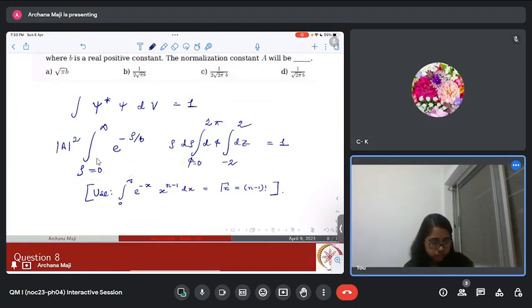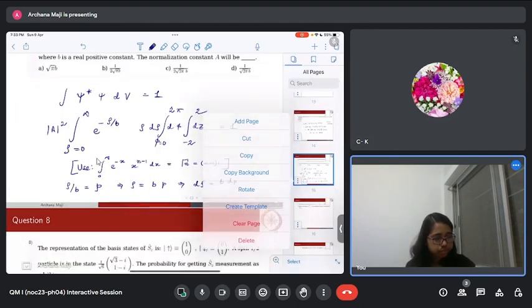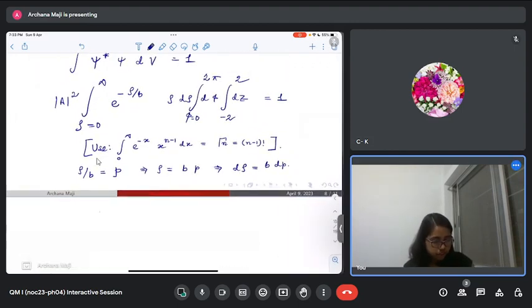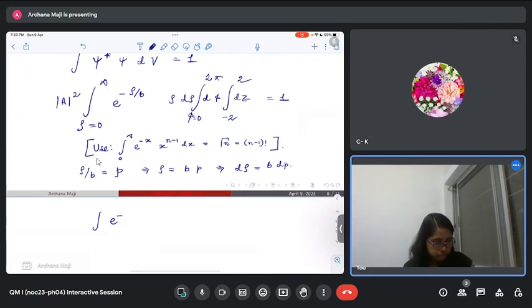So you are considering, as I said, rho over b to be some other variable p. So that implies rho equals b times p, or d rho is equal to b dp. Now this implies your integration becomes exponential minus p, b times p, dp.